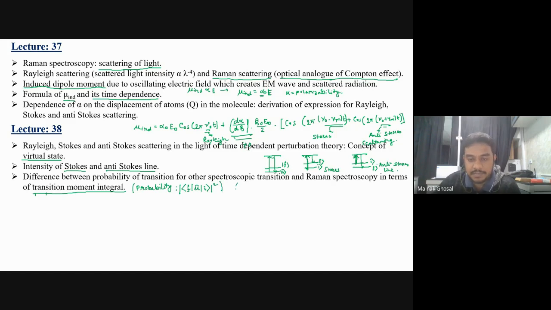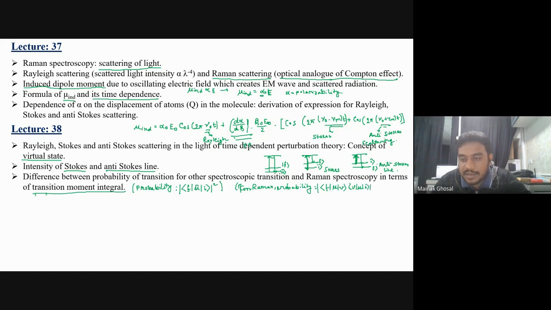But for Raman, the probability is defined as f mu v, v mu i, this whole squared.